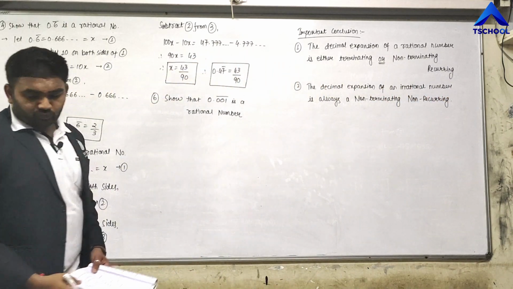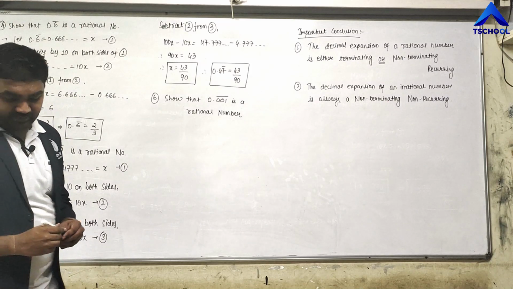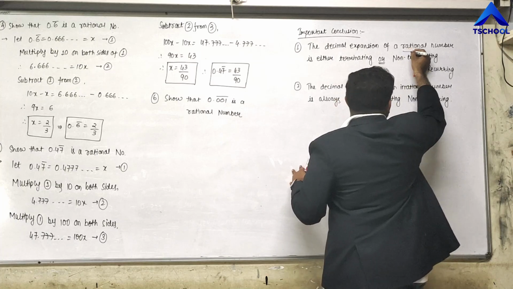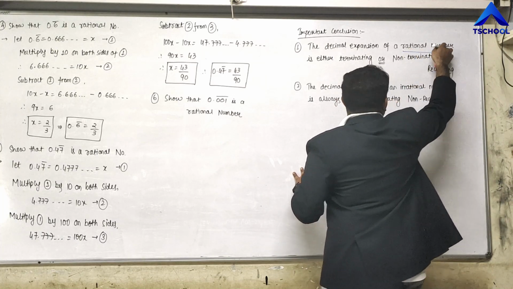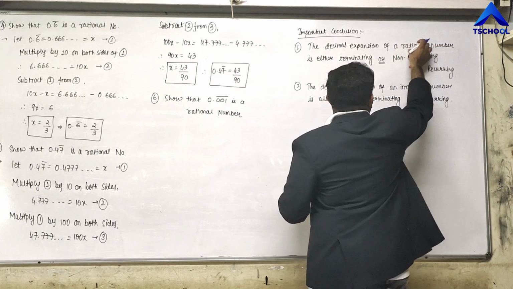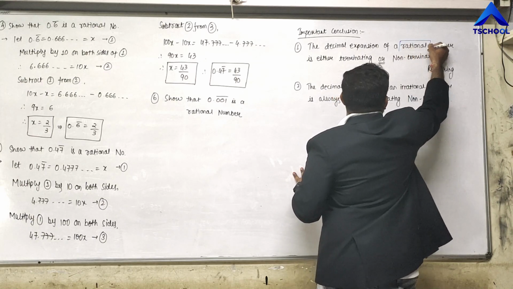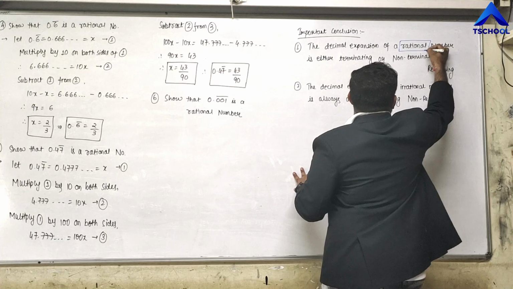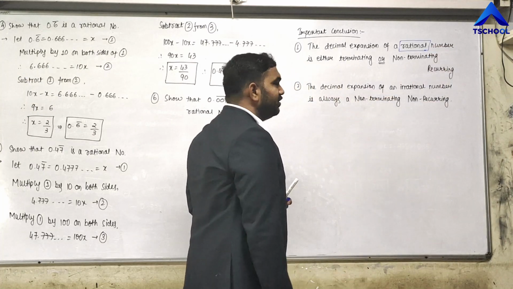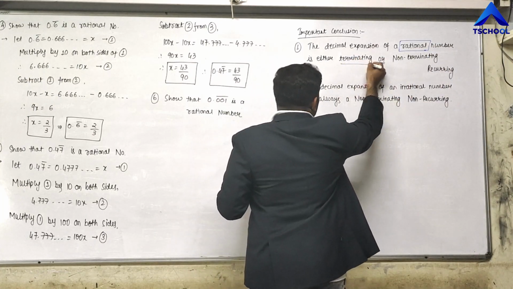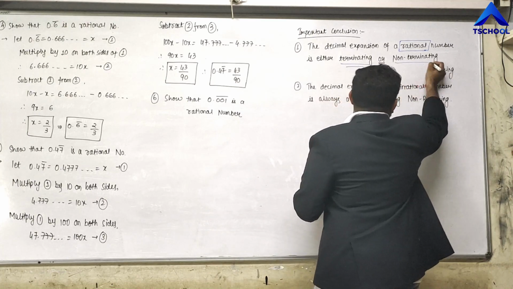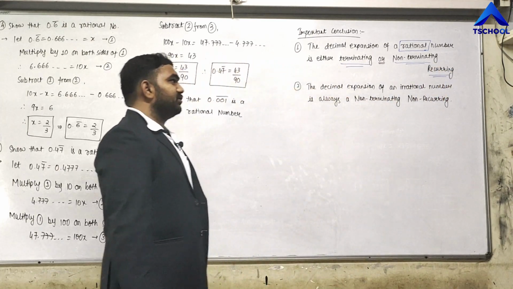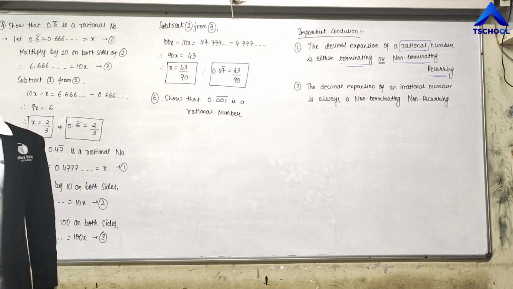So friends, clearly understand this: whenever you have a rational number, the decimal expansion of this rational number will always be either terminating or non-terminating recurring, right? If it is a rational number.